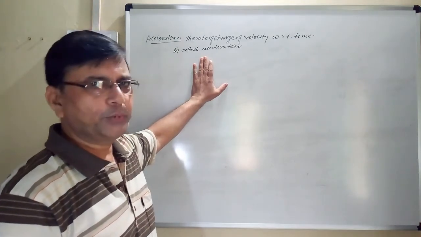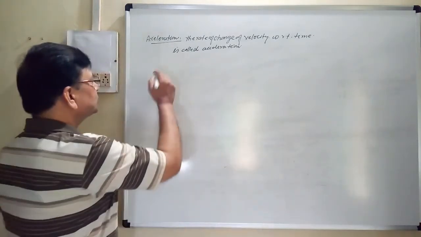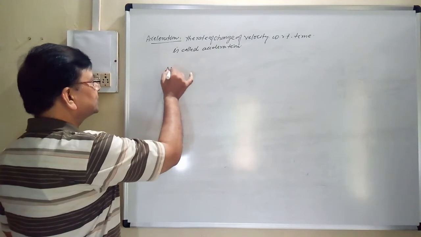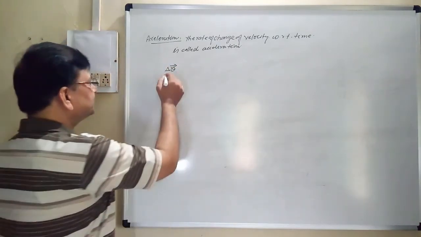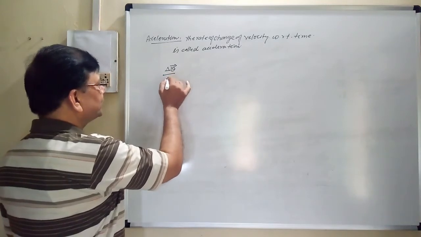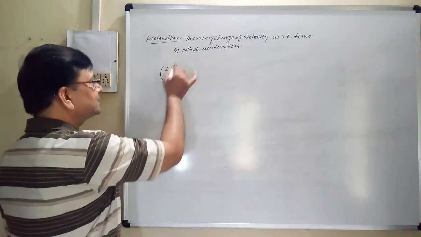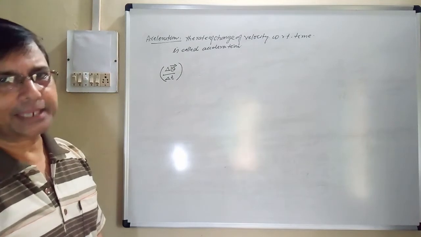So according to the definition we will write, suppose velocity change, this is the change in velocity. With respect to time, we have to find the rate. So delta v upon delta t. This is called the average acceleration.